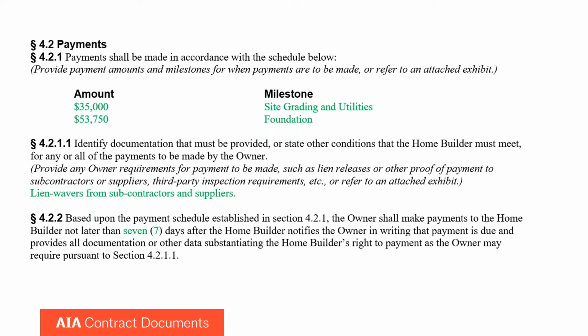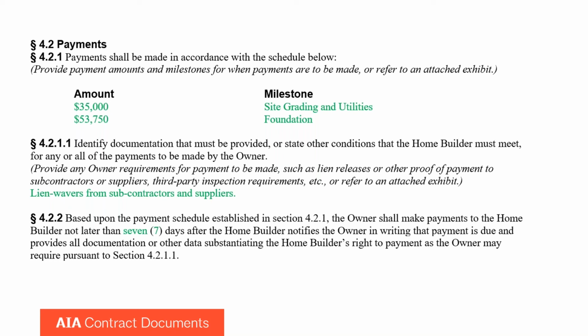So for example, after you've completed site grading and utilities, you would be eligible for $35,000. The next milestone shown here is a foundation, $53,750, and so on.